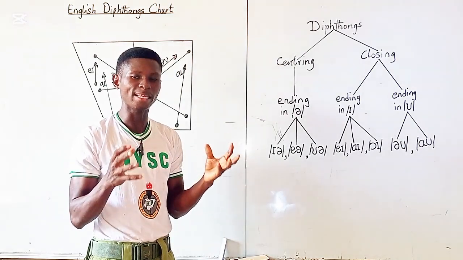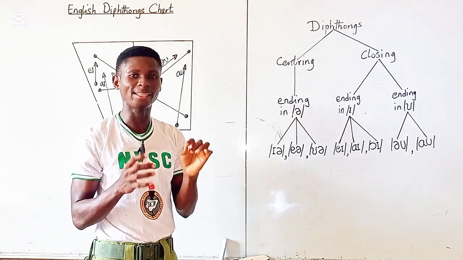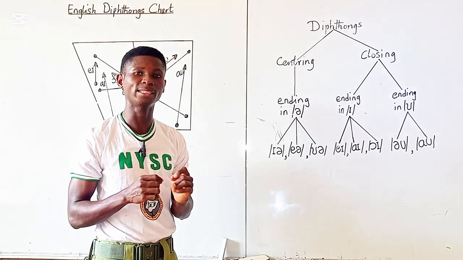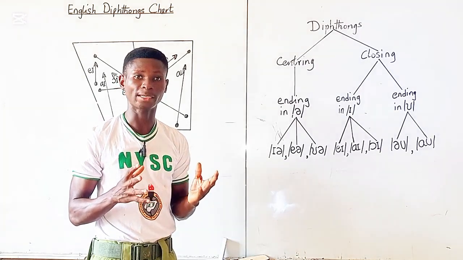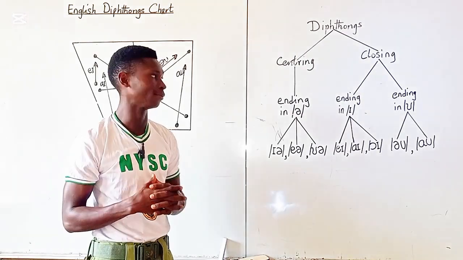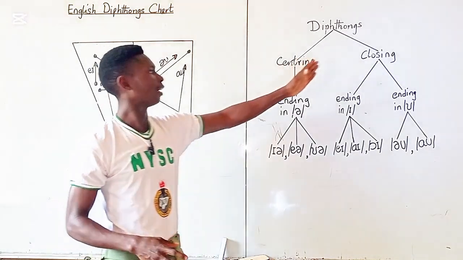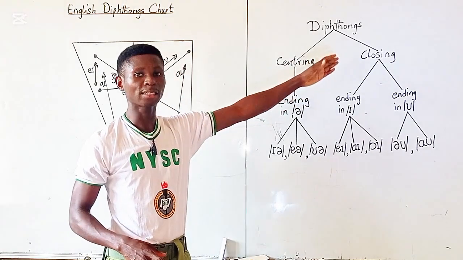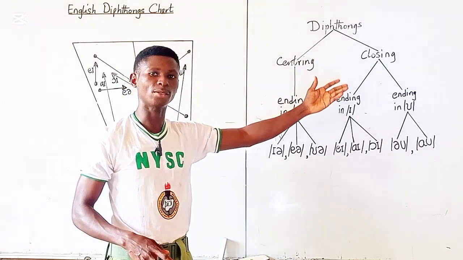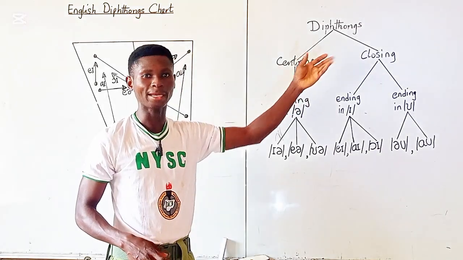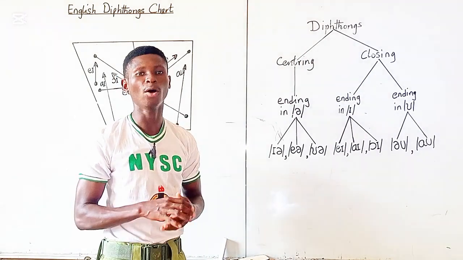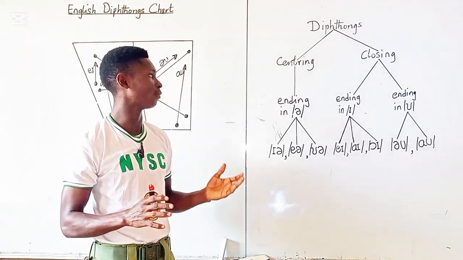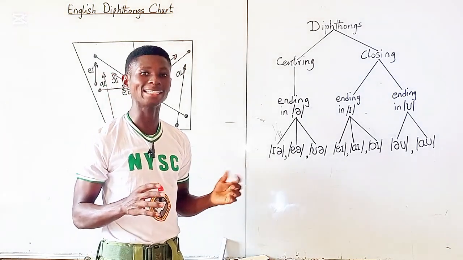That is why they normally end in the schwa sound, which is a central vowel sound. So we also have the closing diphthongs. Closing, remember the description, close or high, when the tongue is raised towards the roof of the mouth or the hard palate. That is when we can describe it as close.